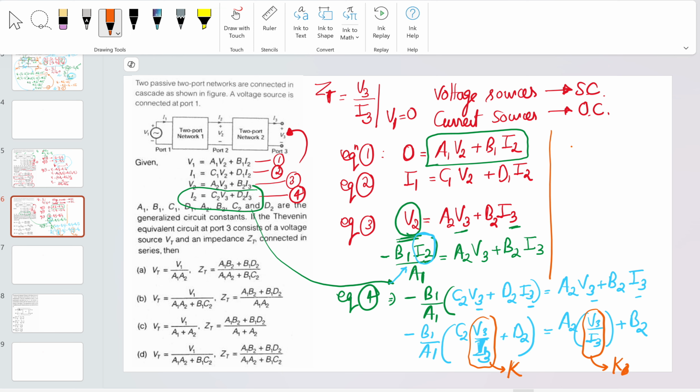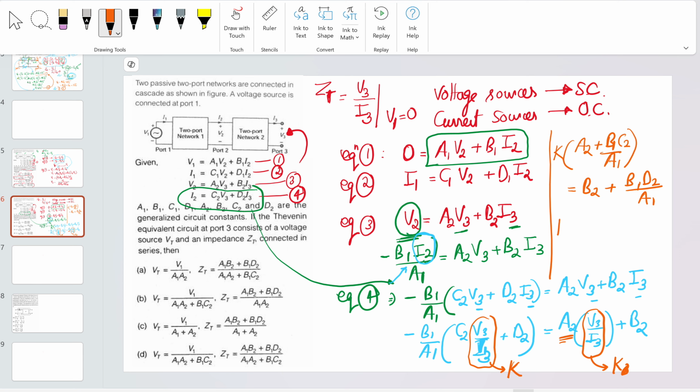So what is the value of K? If you rearrange, K will be equal to A2 plus B1 C2 by A1, equal to B2 plus B1 D2 divided by A1.